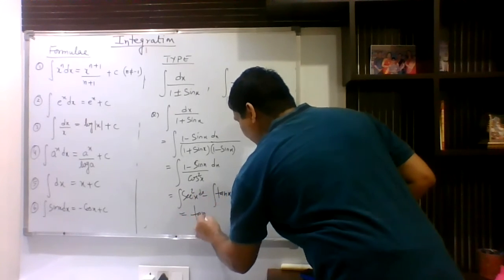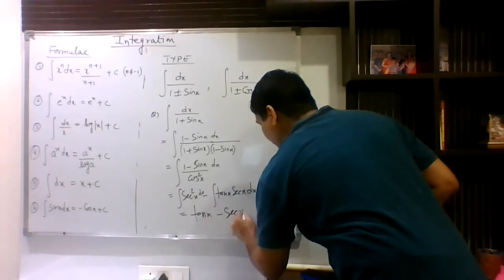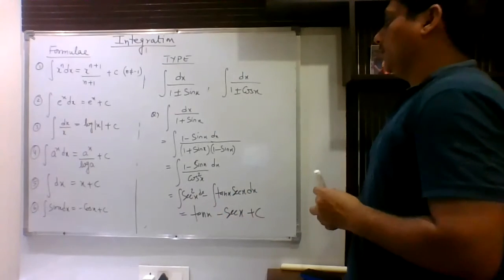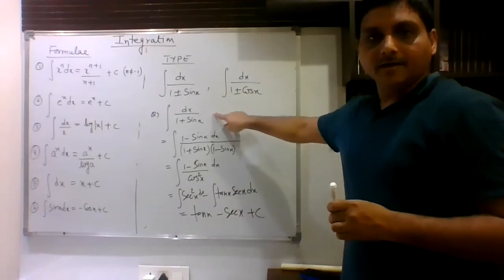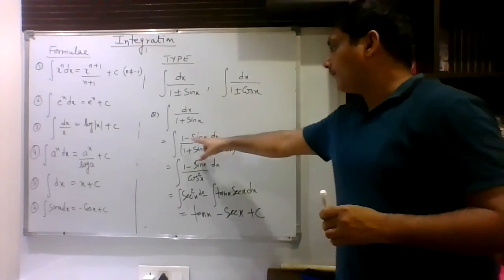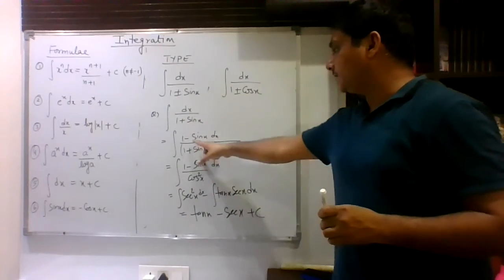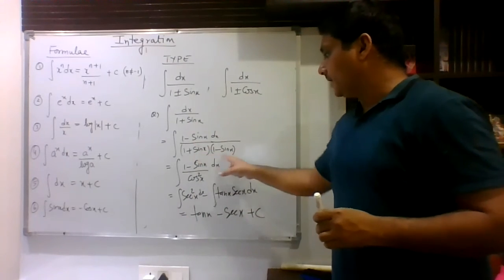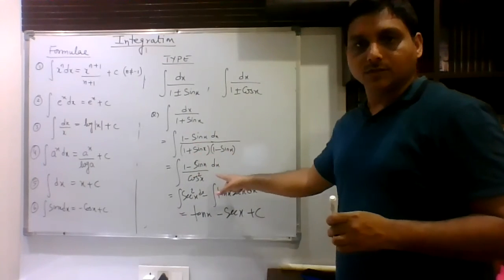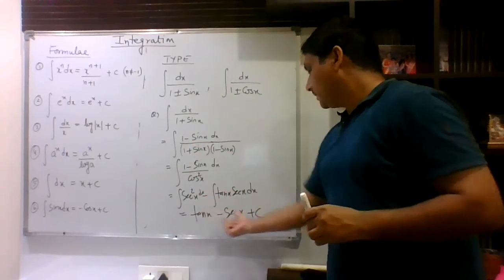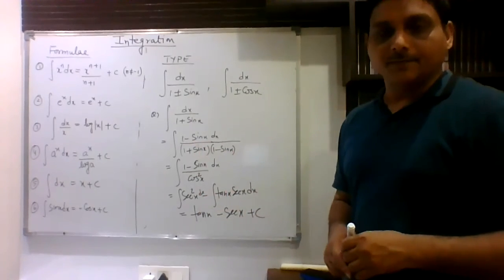Just integrate them. So what we had done is, in numerator and denominator, we had multiplied with 1 minus sin x. So when you do that, this is what you will get. Denominator part can be written as 1 minus sin square x, which is cos square x. Just detach them and integrate them separately.